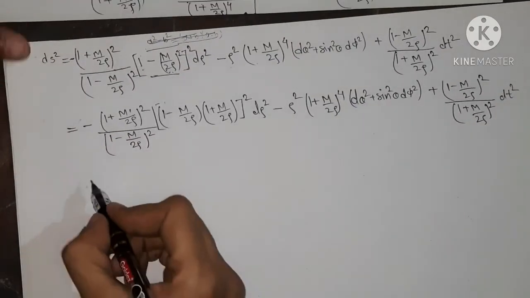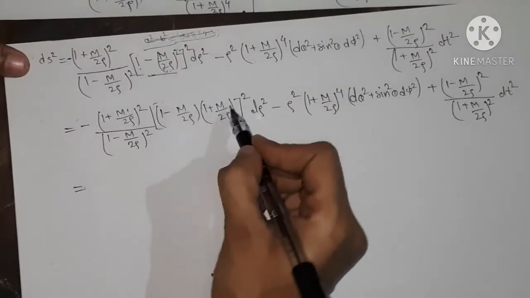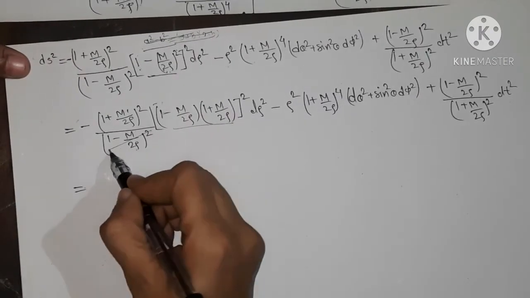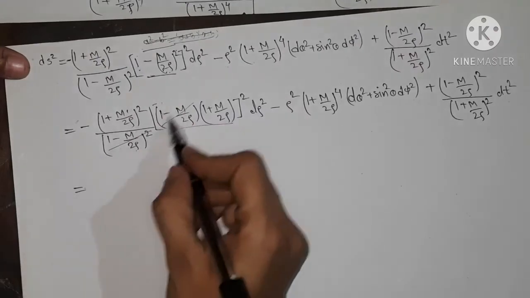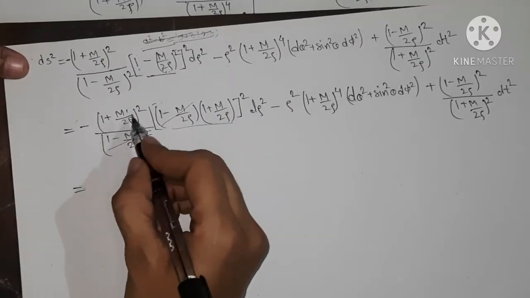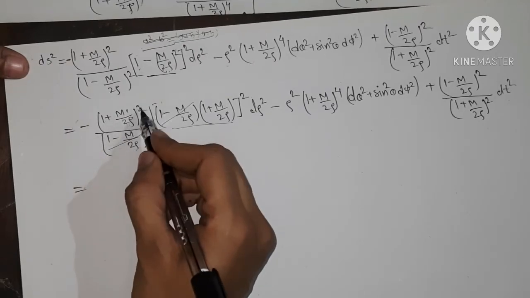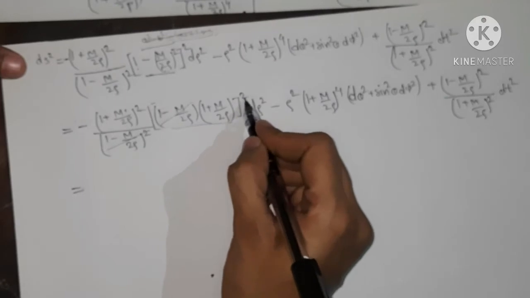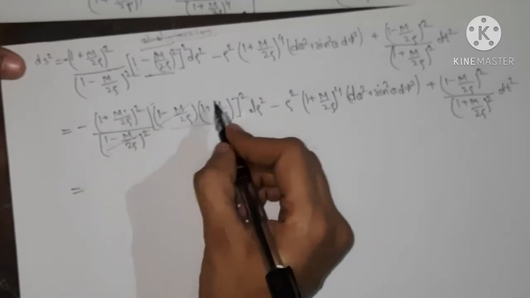Now as here it is a whole square, so (1 − m/2ρ) whole square, and this gets cancelled because the square distributes here. So this equals (1 + m/2ρ) squared and (1 + m/2ρ) squared, so square square, that equals the power 4.